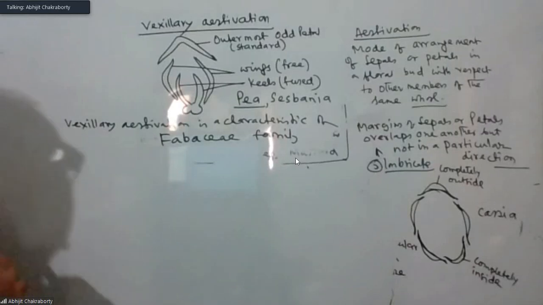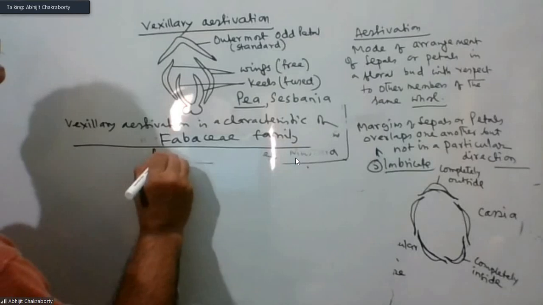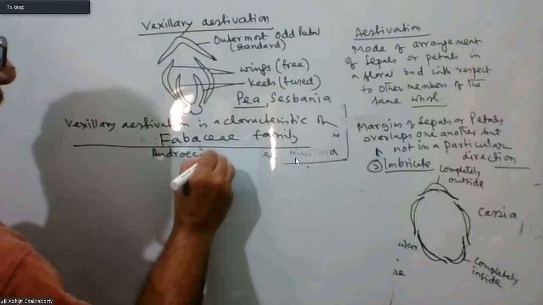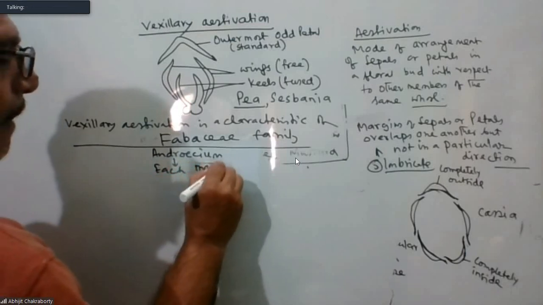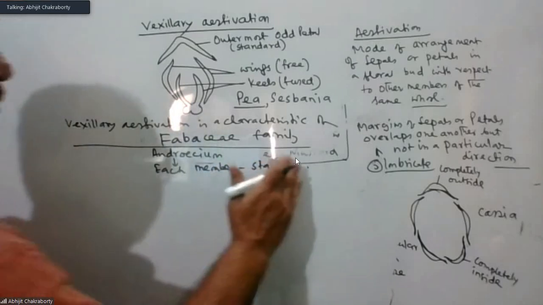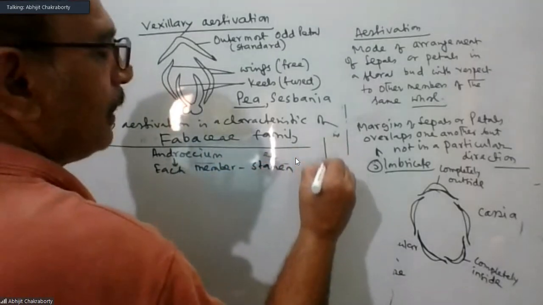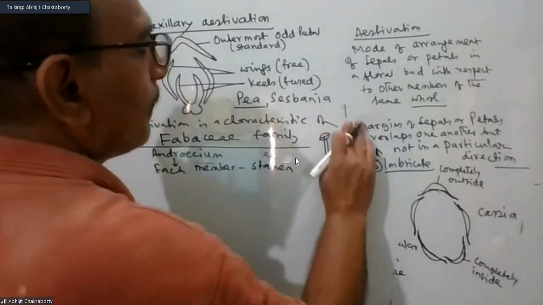Then comes the stamen, the androecium, each member a stamen. The stamen appears like this. It has two parts.